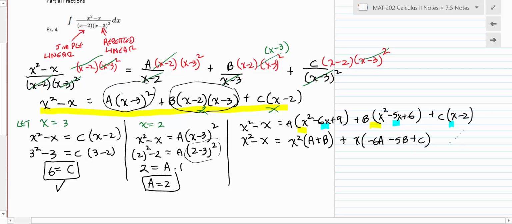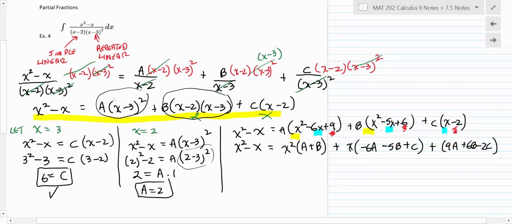Okay, and then the last thing I'm going to do is put together the numbers. So I have a 9, I have a 6, and I have a negative 2. And I'm just multiplying that out. So I have a 9a, then a 6b, then a 2c like that. So let me pause there for a minute and make sure you follow that, because I'm trying to get you to save a little work on your paper.